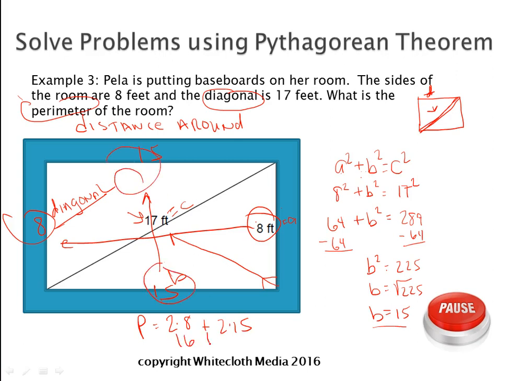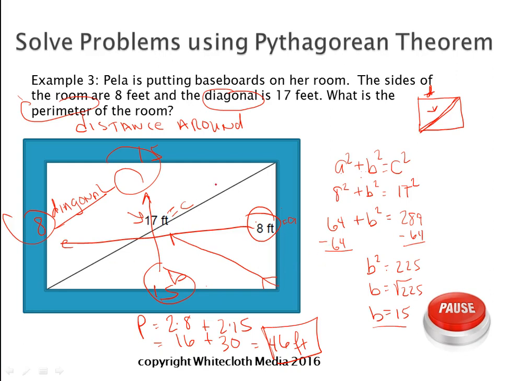So it's 16 plus 30 equals 46 feet. So my perimeter is 46 feet. I used the Pythagorean theorem to find the length of the side and added up all my sides, and I got 46 feet.